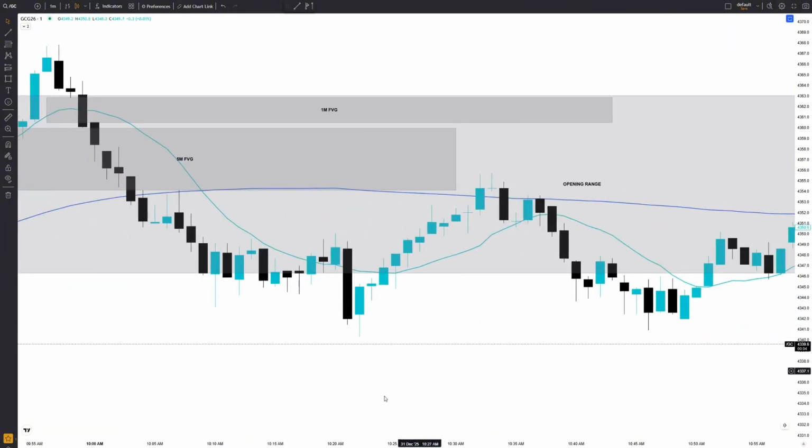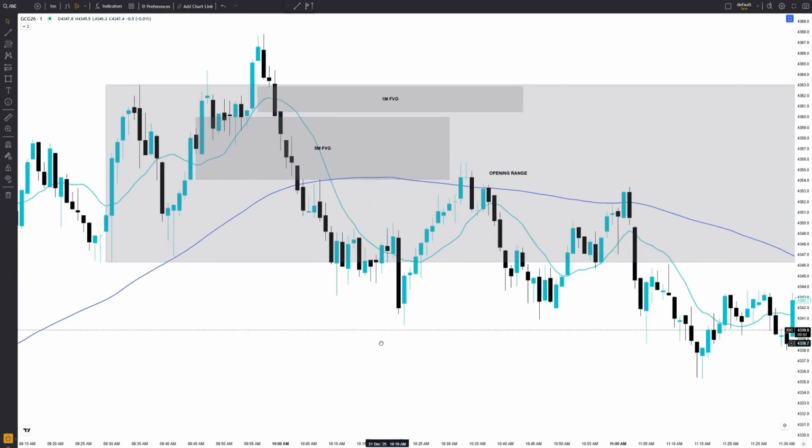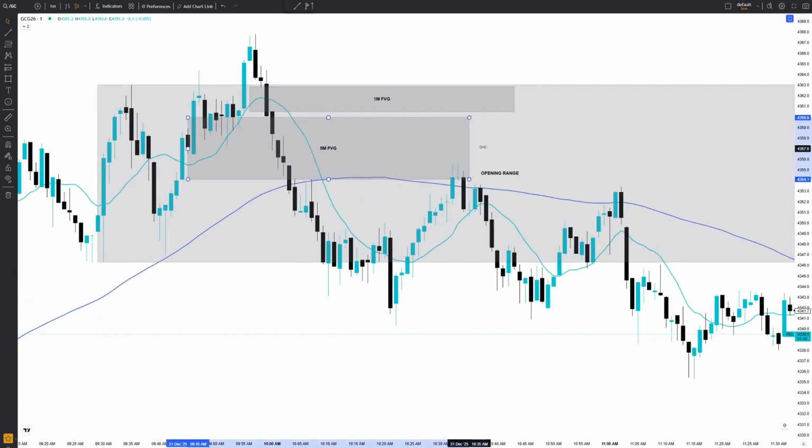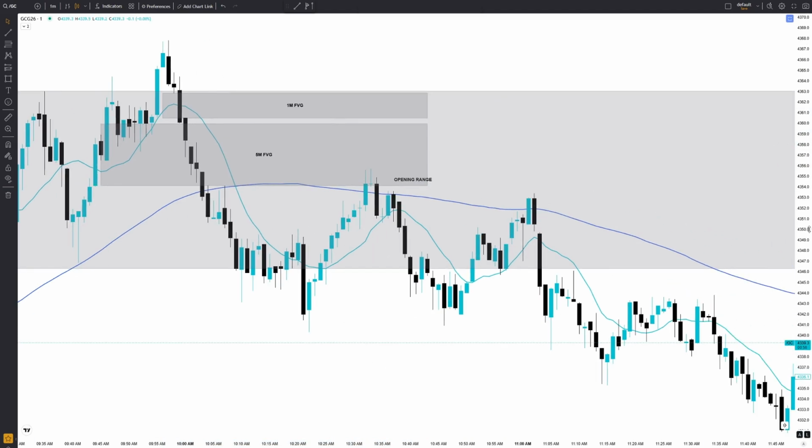Let's see if we're seeing the same thing. Okay. What did price do? If I'm looking at this correct, right after we seen the 1-minute fair value gap being formed, we seen the 5-minute fair value gap being formed, right? What did price do? Price then broke below the 5-minute fair value gap, and it came back to do what?